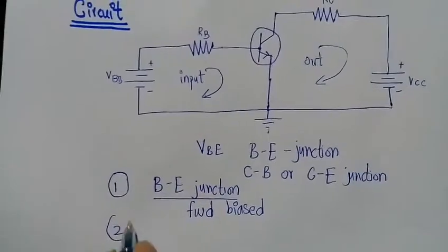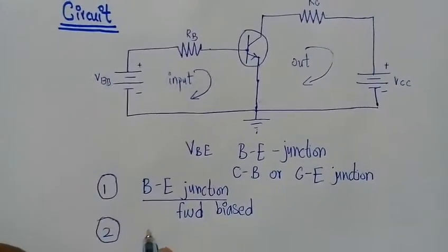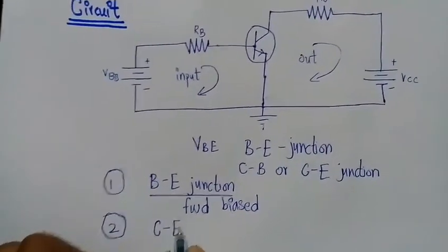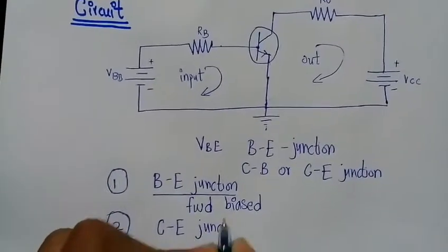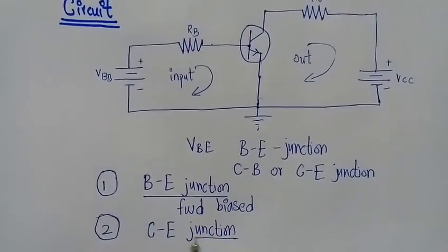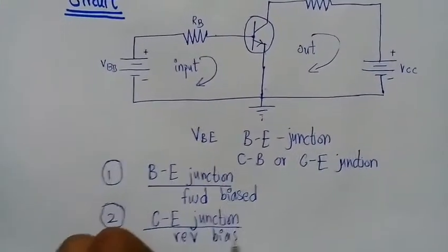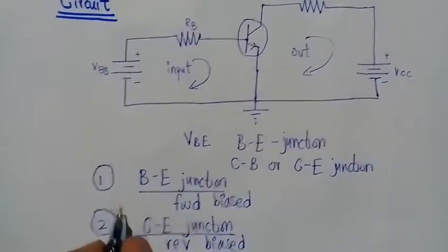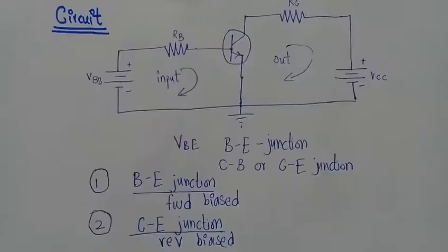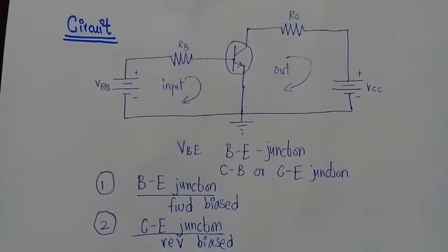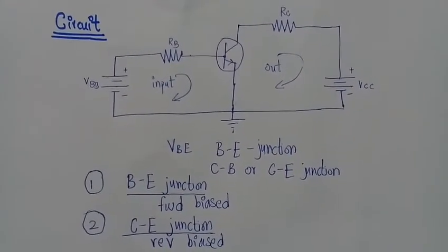And the second point is that in common emitter configuration, the collector emitter junction must be reverse biased. So guys, these are the two steps which we will follow to analyze any circuit of common emitter configuration of the BJT.